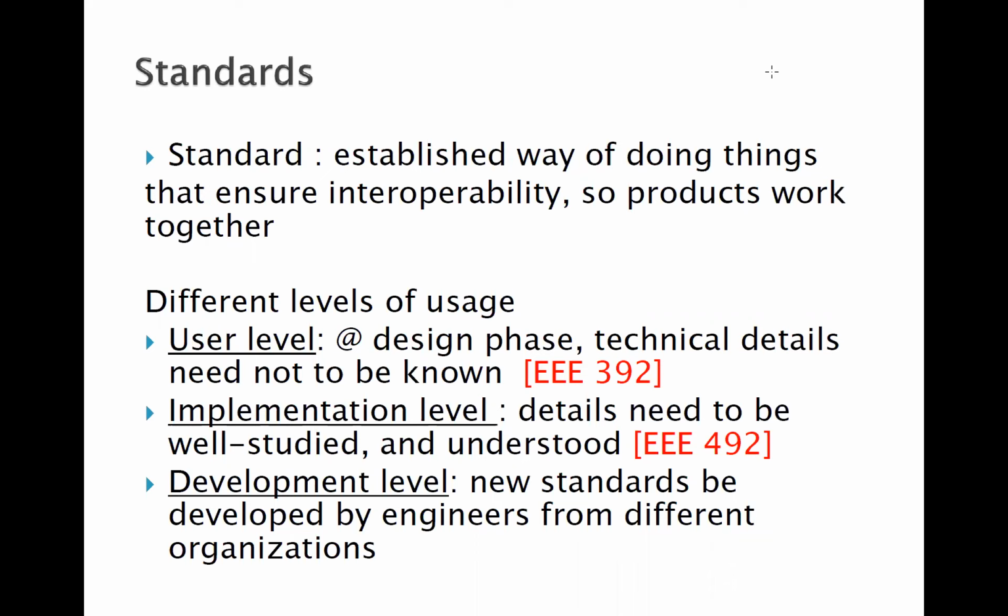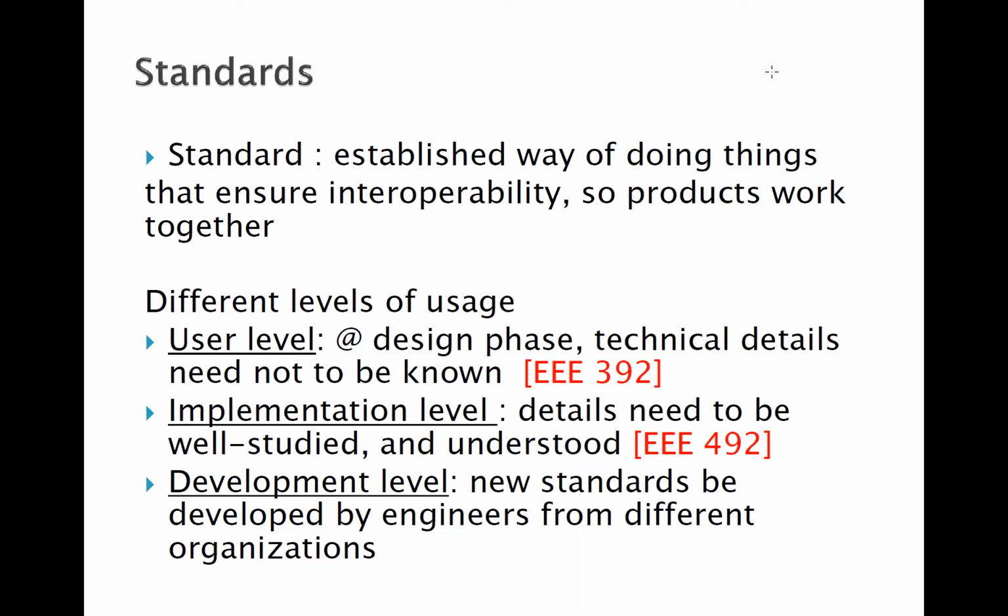There are three levels of use of standards. As you can see here, there are two course codes in which we'll be using standards. At user level, that is the design phase, and we do not need to know the technical details of standards.